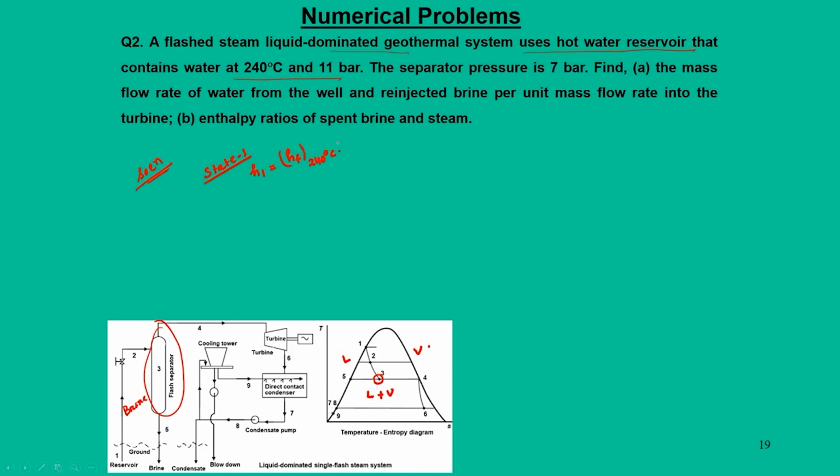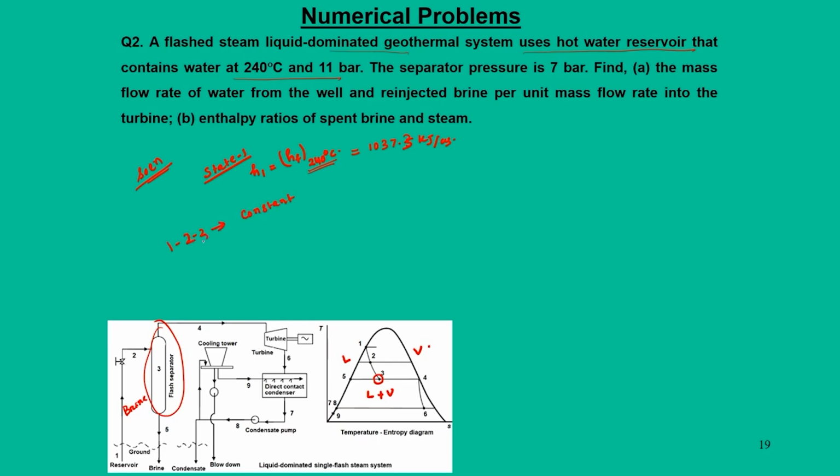Since it is already in the saturated liquid region, here we have to use this temperature as the benchmark. So, at this temperature, the enthalpy we can calculate from the saturated temperature table. That number is 1037.53 kilojoule per kg.